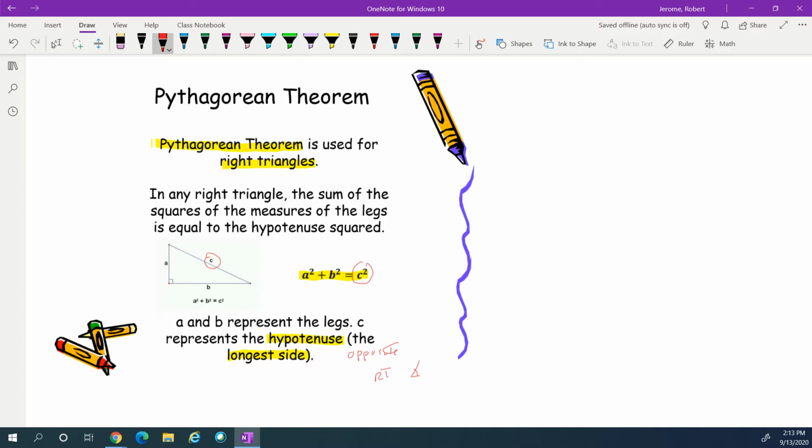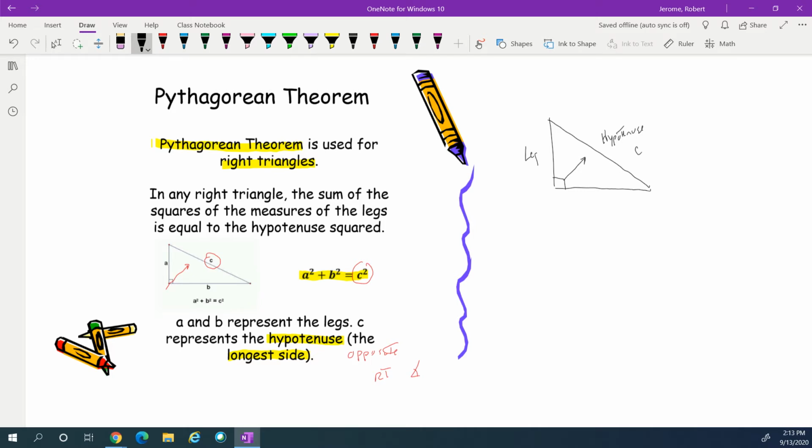So if we can find our little right angle, a right angle is indicated by the little box. I can draw an arrow out of the right angle, and it will point to c, the hypotenuse. A and b are just the two legs of the triangle. So in a right triangle, we have a right angle, which points to the hypotenuse, which is c.